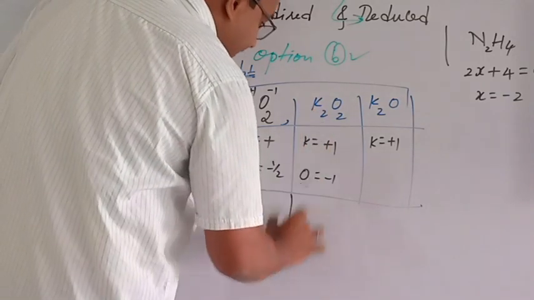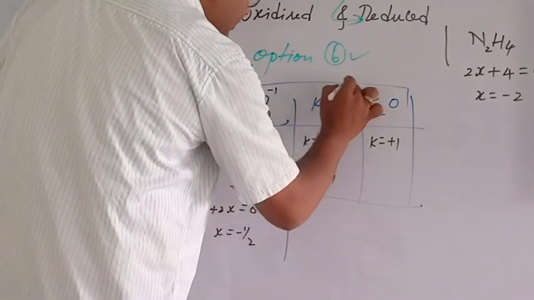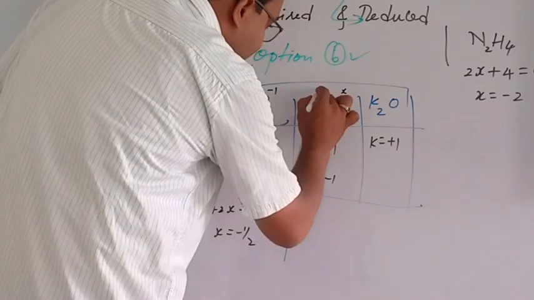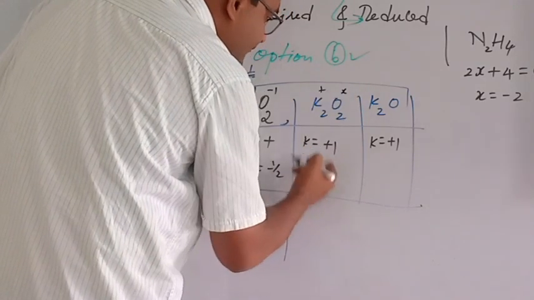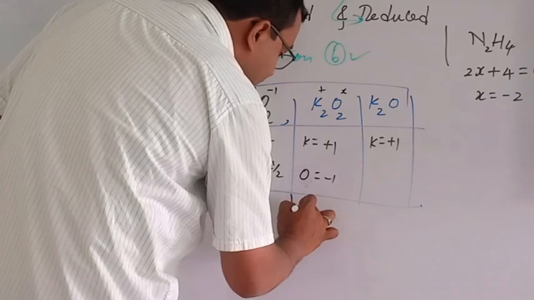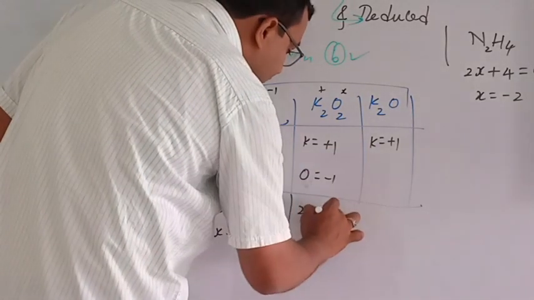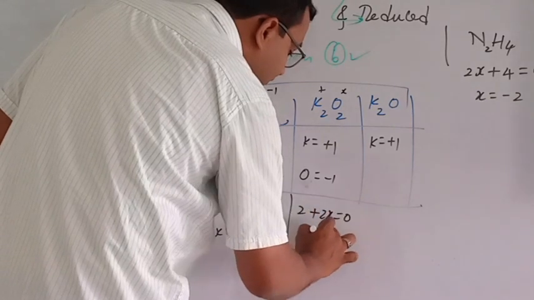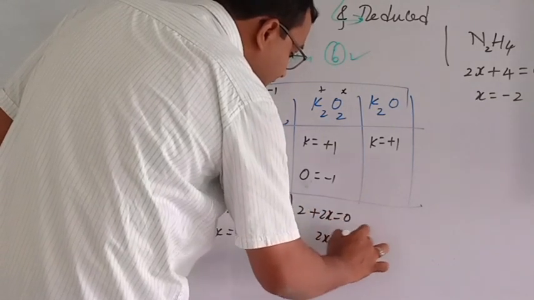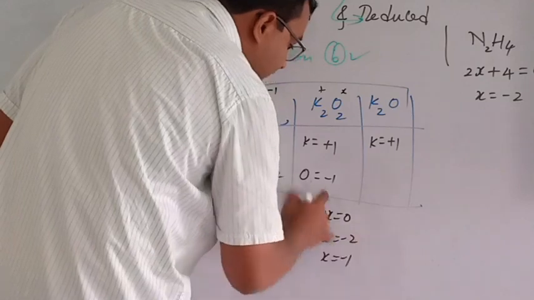Here, when you calculate the charge of oxygen, we don't know it. So the charge of potassium is always +1. Let's find out. 2 plus 2x is equal to 0, 2x is equal to -2, x is equal to -1.